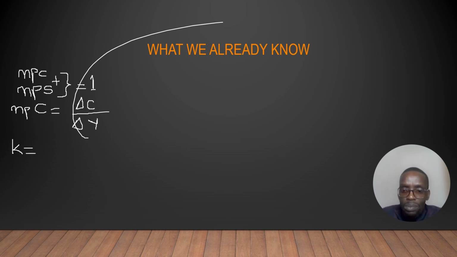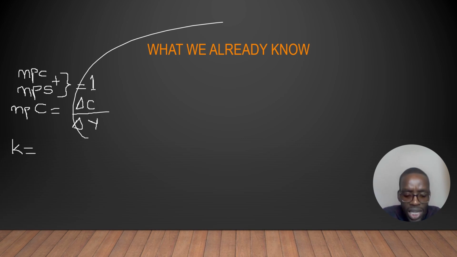Now what it means when we talk about the multiplier of spending is that it looks at how a change in spending, in aggregate spending, is going to result in a change in the size of our national income. So in that case, the formula that we are going to be using to calculate the multiplier should be a formula that speaks to the amount that has been spent in the economy.